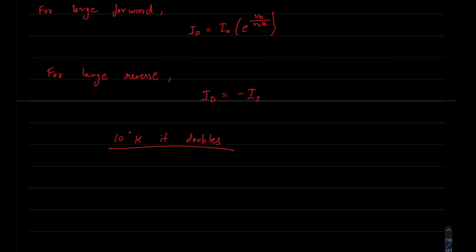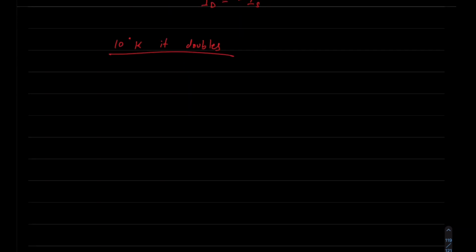The formula would be I saturation final, ISF, is equal to I saturation initial multiplied by 2, and then in the exponent we have T2 minus T1, where 2 is our final temperature and 1 is our initial temperature, over 10.